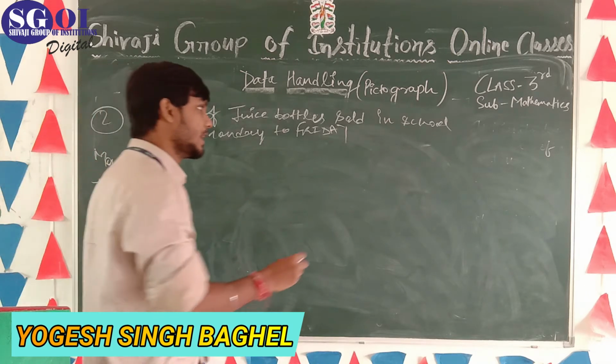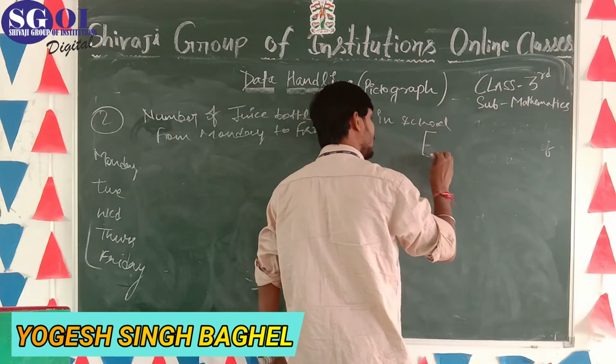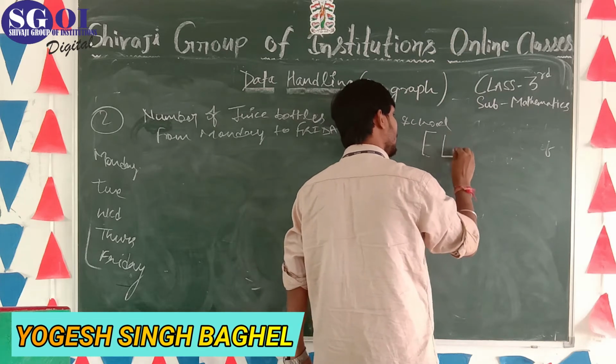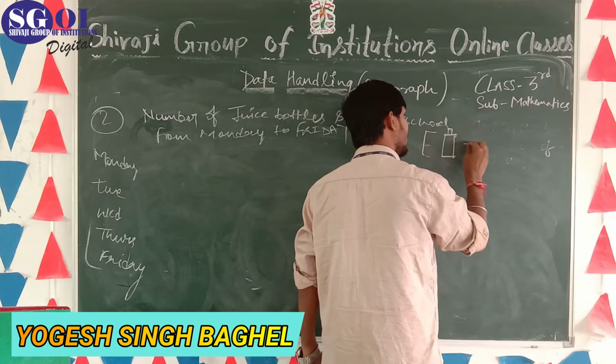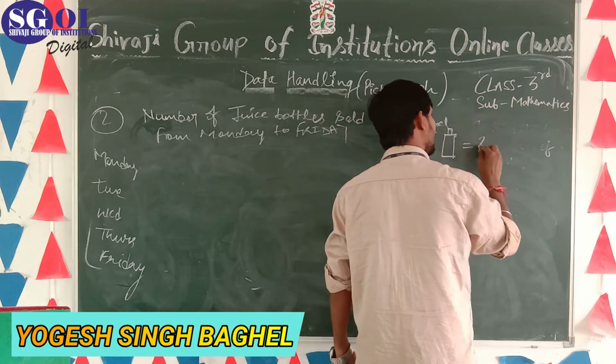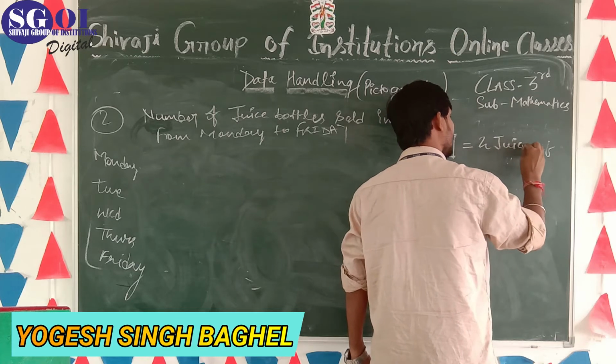यहाँ पे एक स्केल दे दिया गया है, देखिए. One bottle is equal to क्या कितना है? 2 juice bottles.